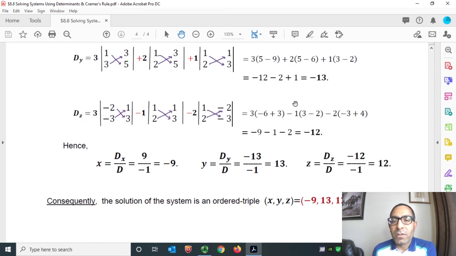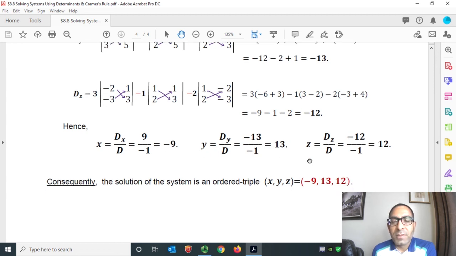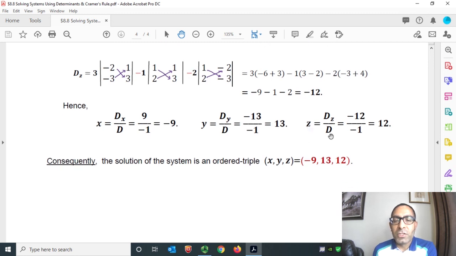We found dy equals -13, over d equals -1. Simplify, it gives us y equals 13. And similarly, z equals the ratio of dz over d. We found dz is -12 and d is -1. Simplify, it turns out that z equals 12.